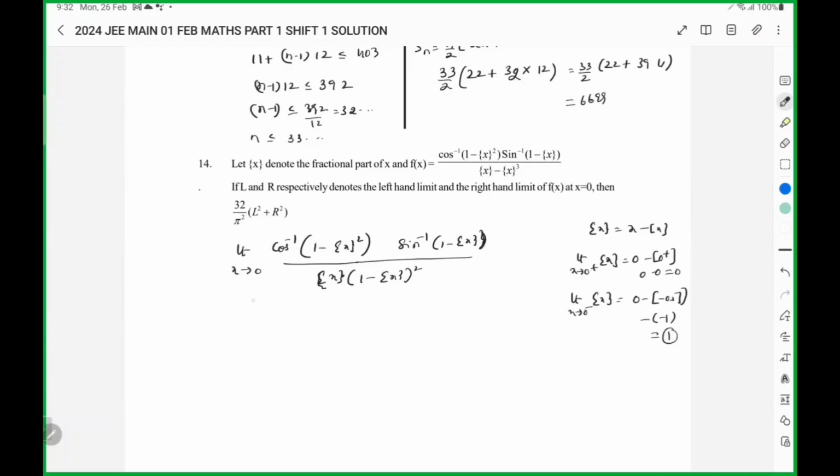First, let us find out. If I take the left limit, x tends to 0 minus, cos inverse of (1 minus), sine inverse of (1 minus fractional part of x), by fractional part of x into (1 minus), like this.